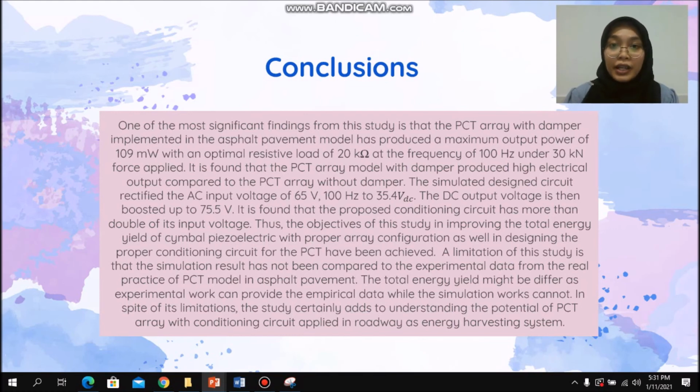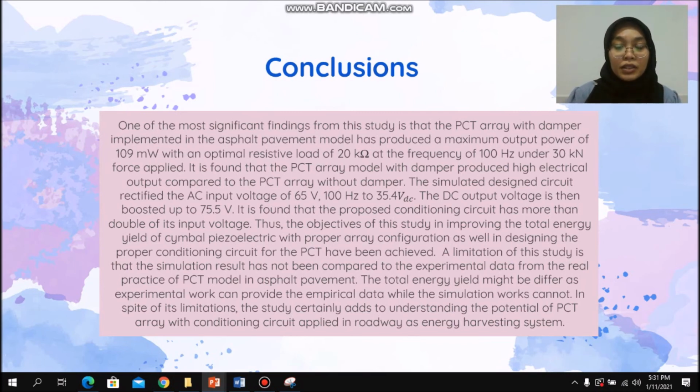It is found that the PCT array model with damper produces higher electrical output compared to the PCT array without damper. The simulated circuit rectified the AC input voltage of 65 volts at 100 Hz to 34.4 VDC. The VDC output voltage is then boosted up to 75.5 volts. The power conditioning circuit has more than doubled its input voltage.